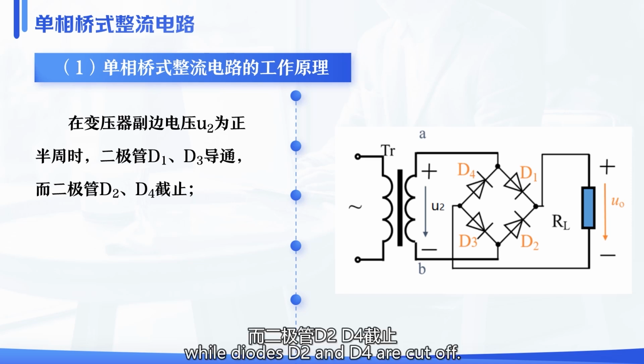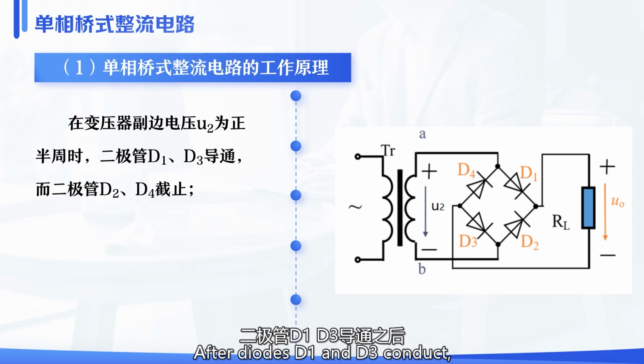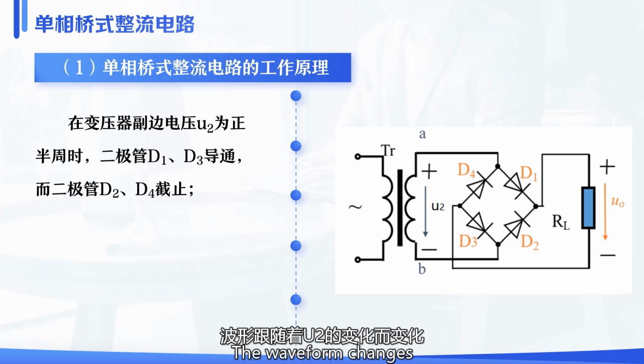Diodes D2 and D4 are cut off. The direction of the current is as shown in the figure. After diodes D1 and D3 conduct, the output voltage equals U2. The waveform changes following the variation of U2.